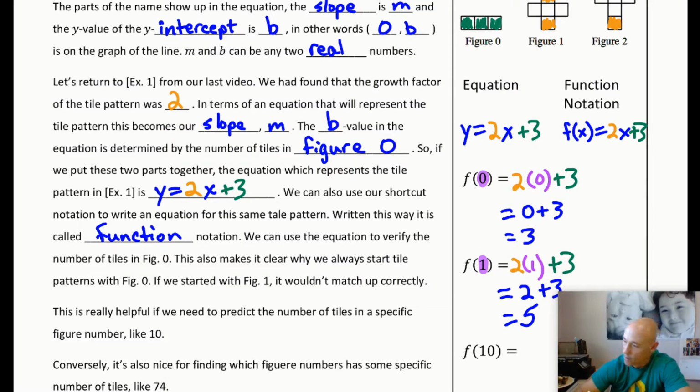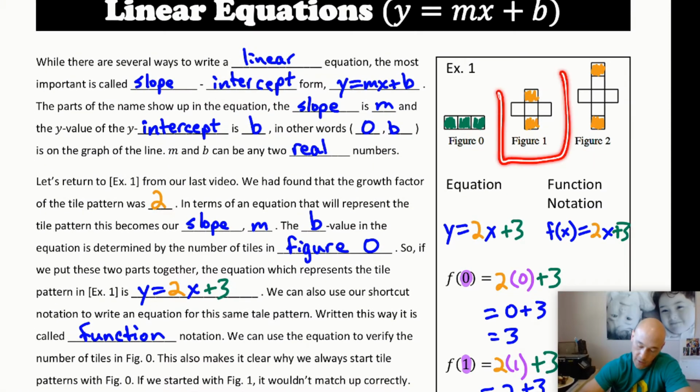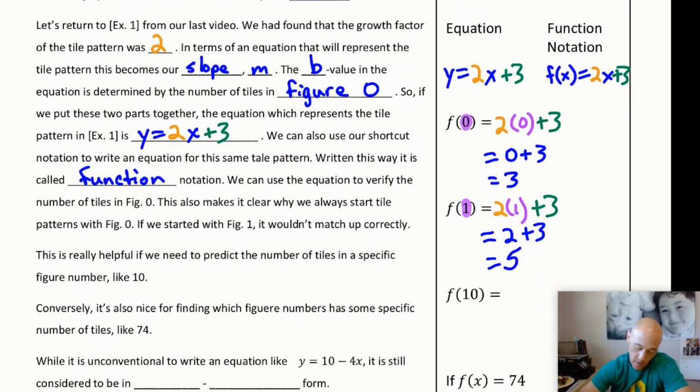This says that there are 5 tiles in figure 1. And if we look up here, sure enough, in figure 1, there are 5 tiles. So it works, which is good news. All right.